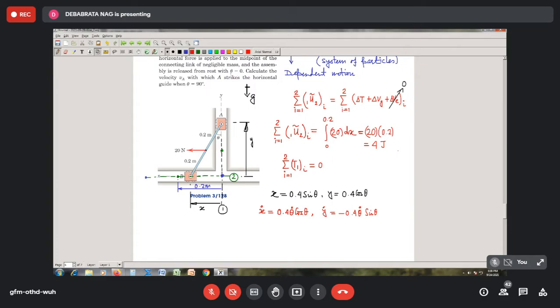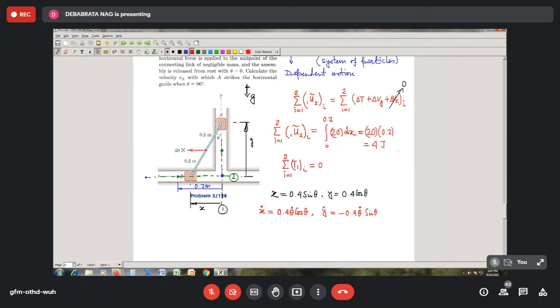Now we note when theta becomes equal to 90 degrees, that means when this one is coming here, the velocity of block A, that means this y dot, is going to be maximum.